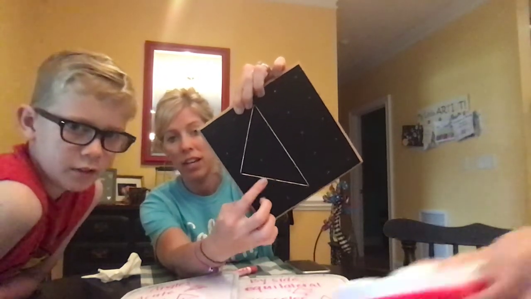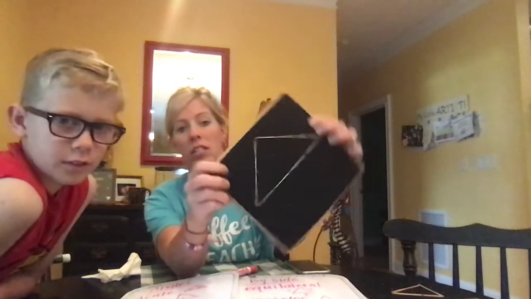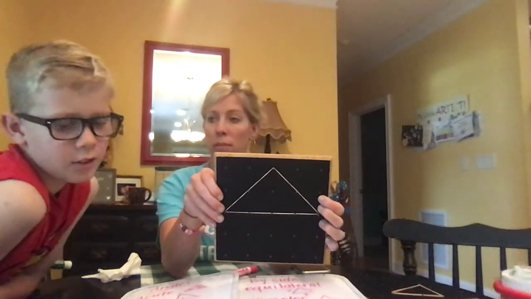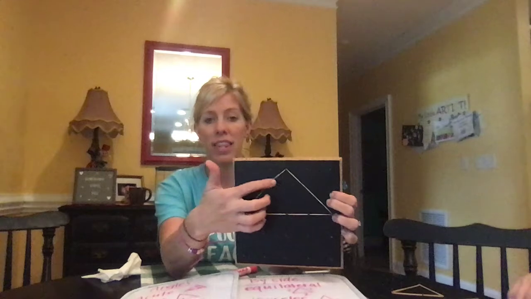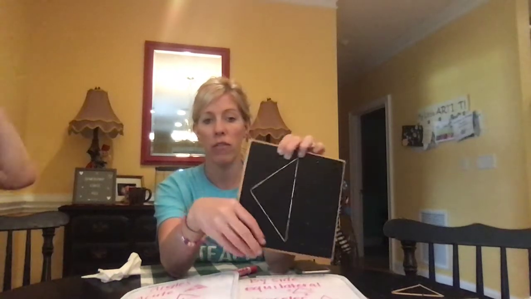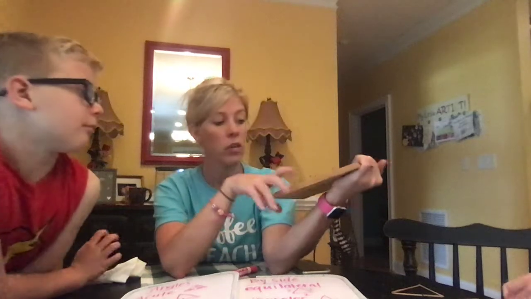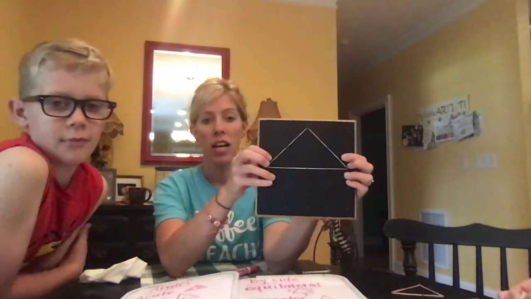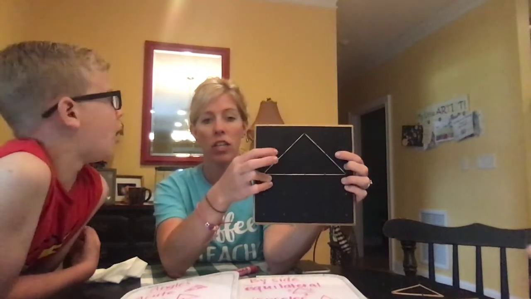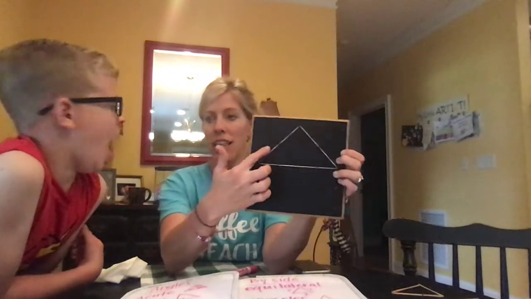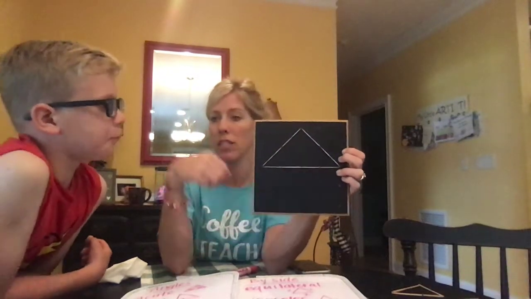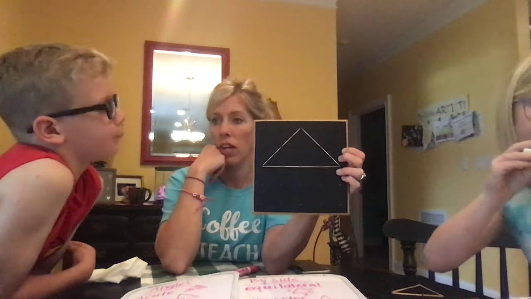What kind of angle is that? A right. It's a right angle. So don't be afraid to turn your papers sometimes, because we might think that it's obtuse, but if we turn it, we can absolutely see that it's a right. So this would be a right, and it looks like probably isosceles, because I think these two sides are equal and that one's longer.